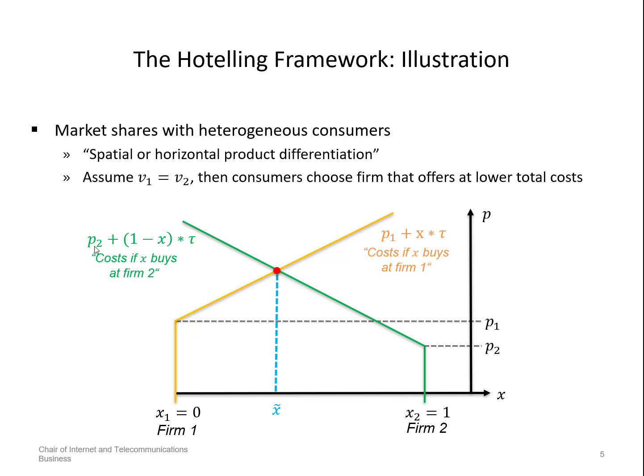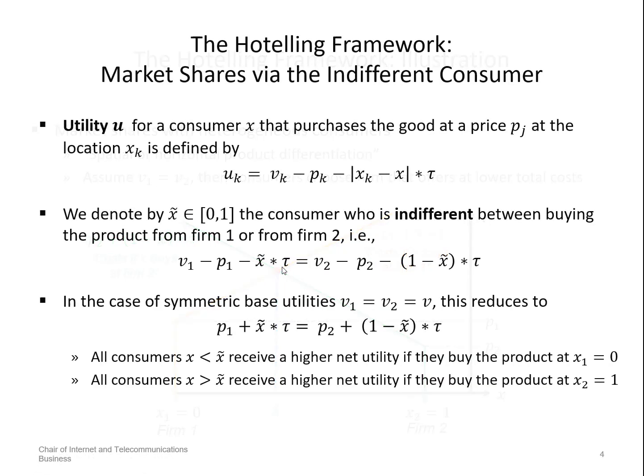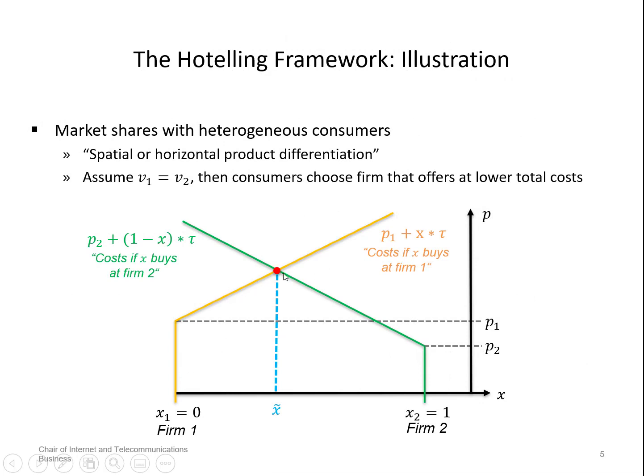The incremental utility compared to the other is given here, where the cost if x buys at firm 2 is the green line, and the cost if x buys at firm 1 is the yellow line. The indifferent consumer is where the two lines meet. This expression allows us to pinpoint the indifferent consumer, when the costs at the two platforms are matched under the assumption that v1 equals v2 equals v, that is, they provide the same utility.